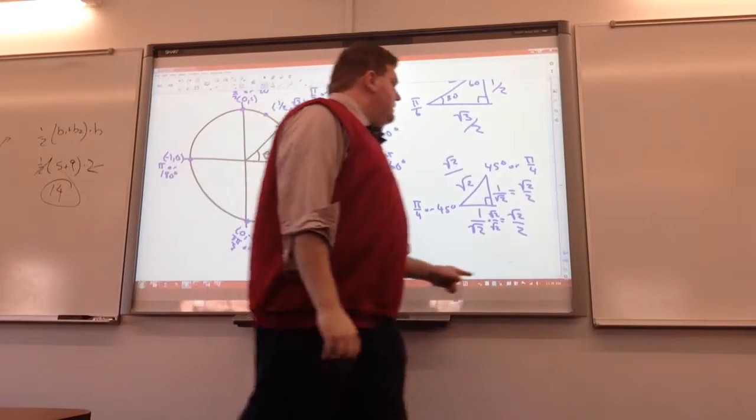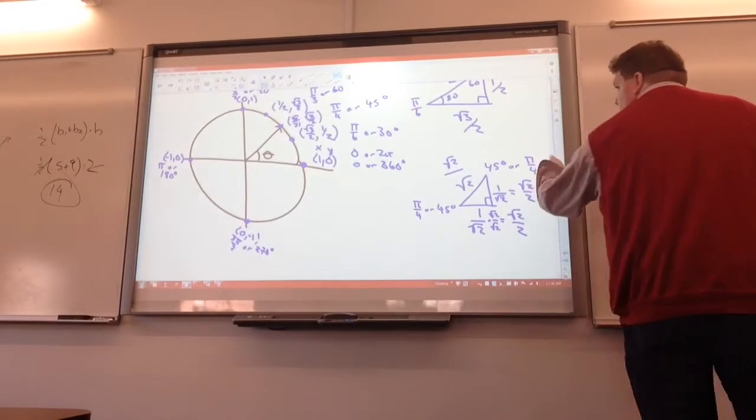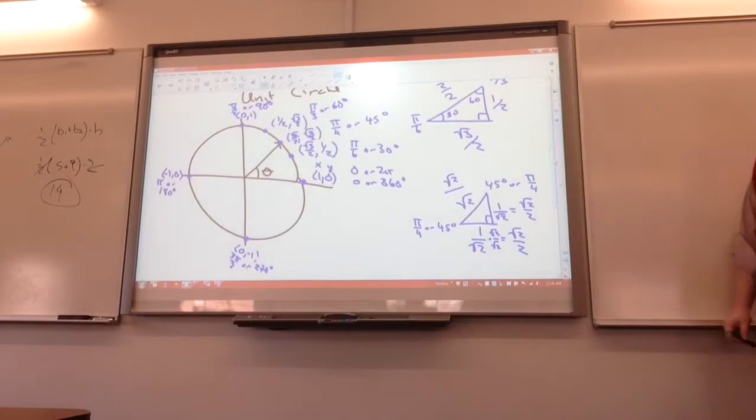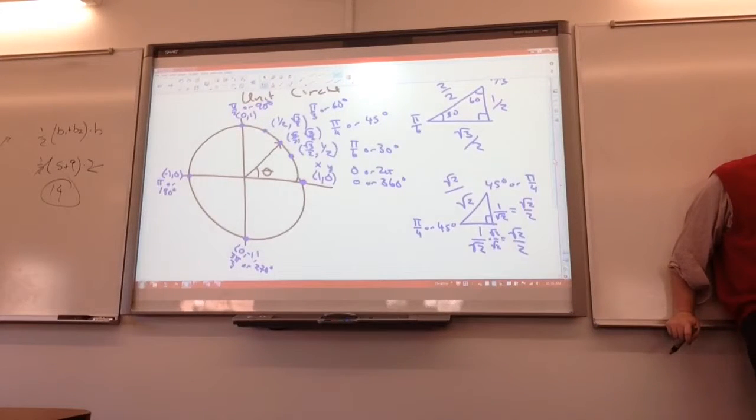And that fills in the first quadrant of the unit circle with known values. That's where you find them, that's what their values are. Any problems there? They all came from special right triangles and the known angles we have for those.